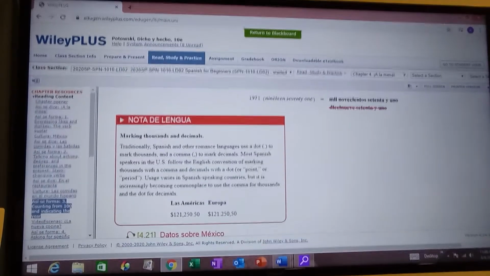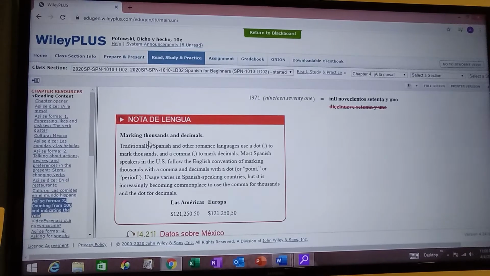Another detail is this, marking thousands and decimals. Traditionally, Spanish and other Romance languages like French, Portuguese, Catalan use a dot to mark thousands and a comma to mark decimals. Most Spanish speakers in the US follow the English convention of marking thousands with a comma and decimals with a dot or point or period.